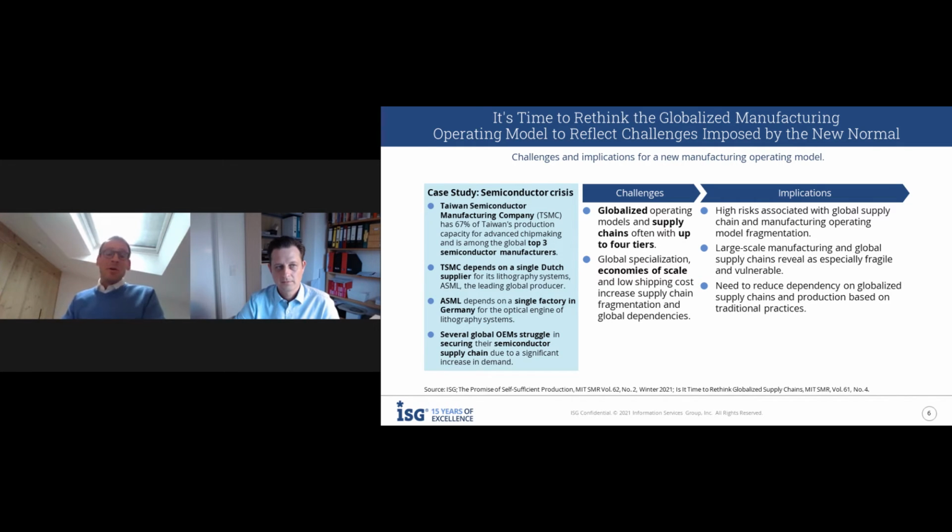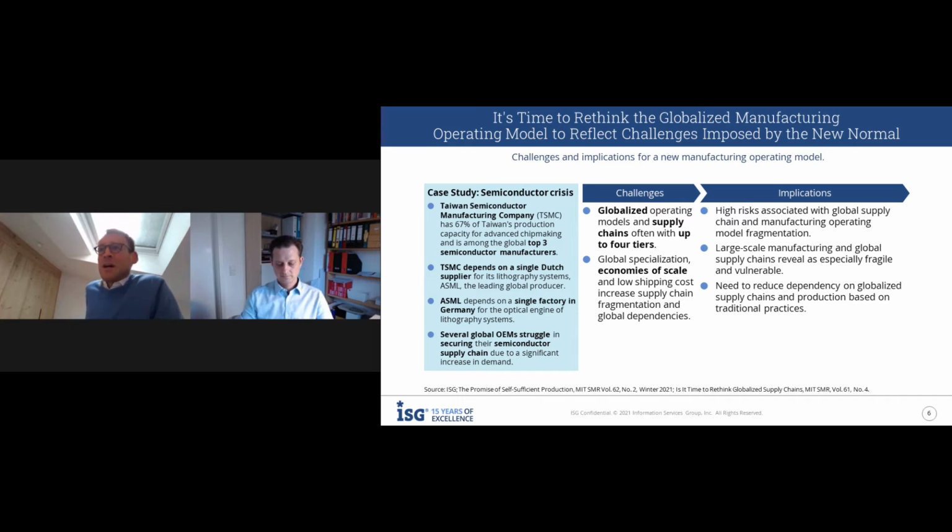Especially those of you active in the automotive industry, I assume, are really aware of the current challenges we have related to semiconductors. When we researched this, I was a little bit surprised finding this out. It's just one case; I assume there are several other cases related to that.